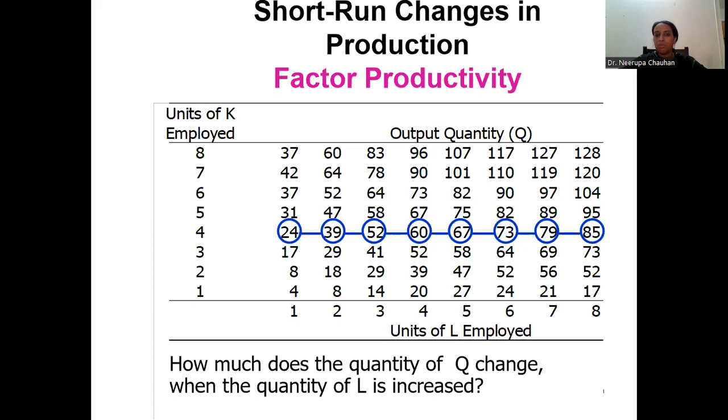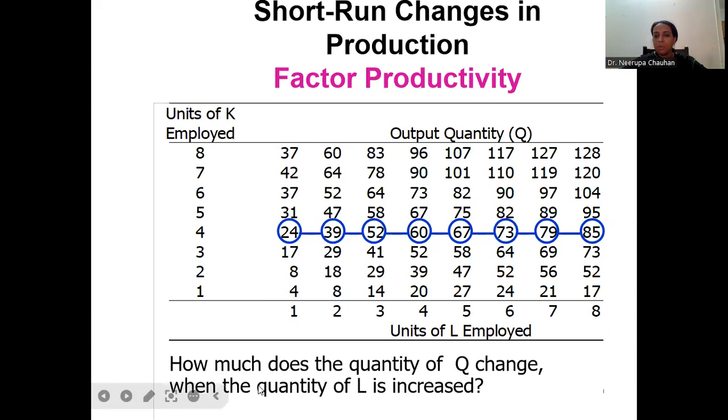So we have factor productivity, units of K employed and output quantity. As you can see, as I am increasing the labor, I am reaching a higher quantity where K, which is my capital, is stable. 4 units I am applying, K is my capital, it is stable.